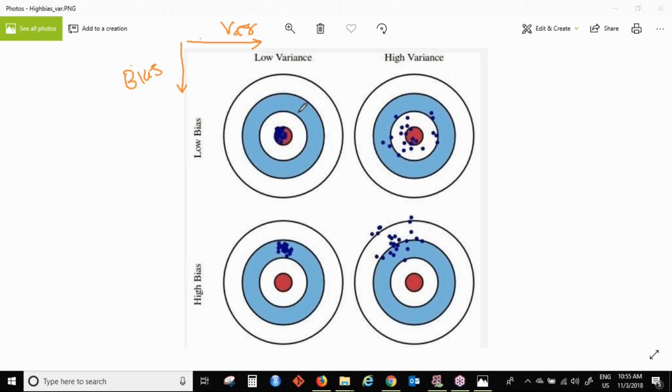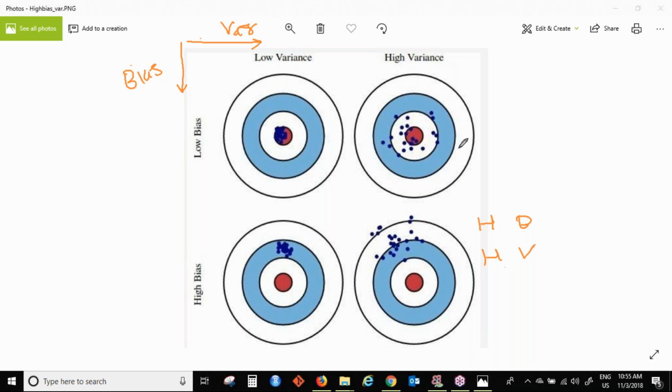Here your output is not scattered a lot, so it is low variance. Here your output is scattered a lot, so it is high variance. And this is both high bias and high variance: your output is scattered, plus you're not predicting on the target.